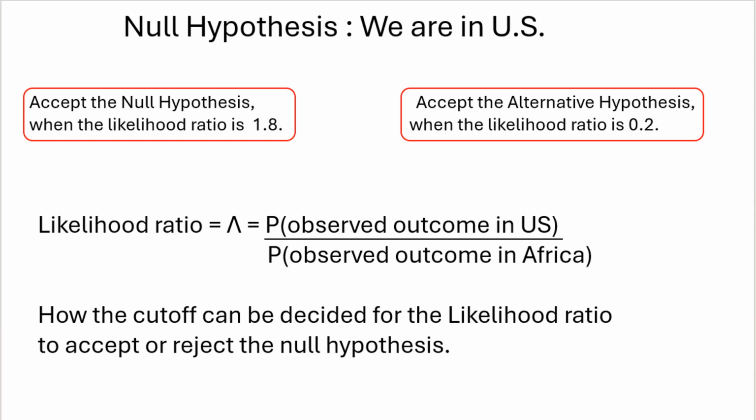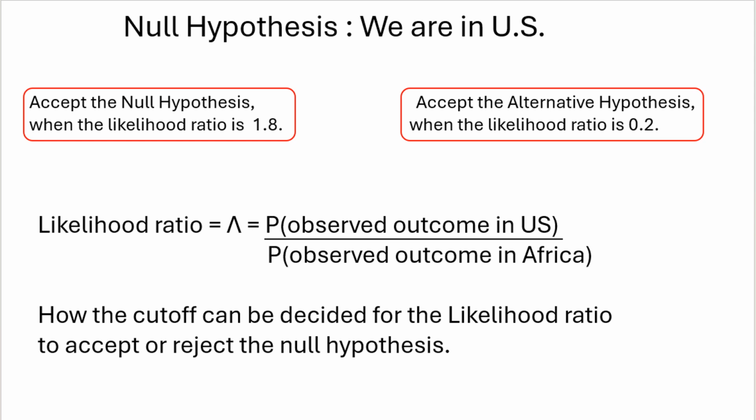We accept the null hypothesis when the likelihood ratio is 1.8, and we accept the alternative hypothesis when the likelihood ratio is 0.2. Likelihood ratio, denoted by this symbol, can be defined as the ratio of the probability of observed outcome in US upon the probability of observed outcome in Africa.